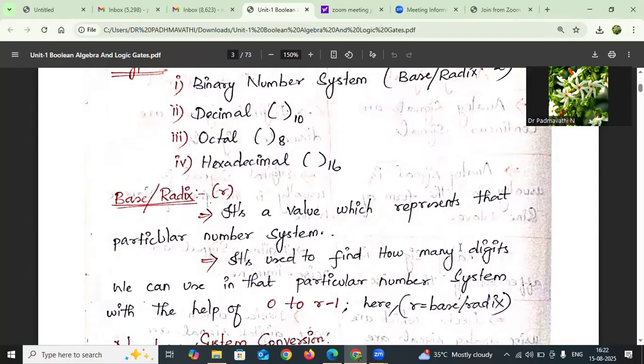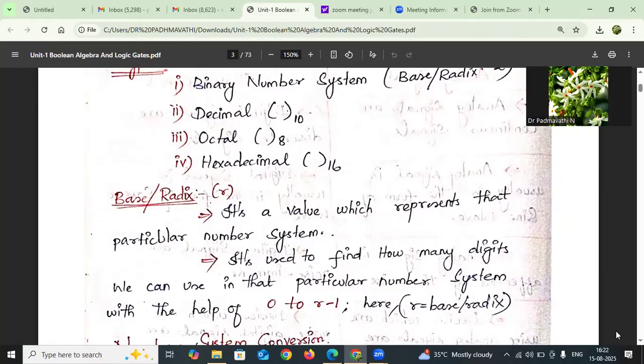In the case of the binary number system, the radix is 2, so 2 minus 1 is 1, so the digits are 0 and 1. Similarly, for the decimal number system, the radix value is 10, so the digits are 0 to 9.